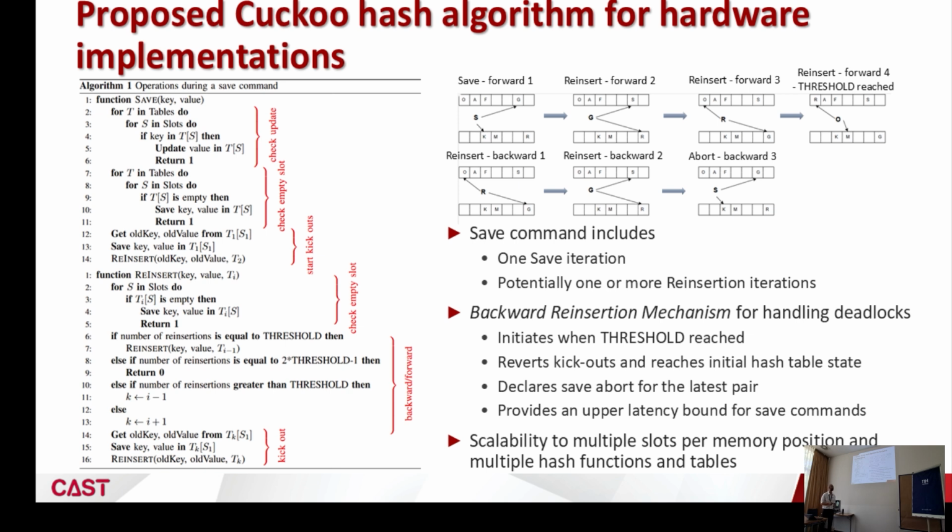If the number of kick-outs and reinsertions reaches a threshold of 4 iterations, the steps are reversed and kick-outs are performed in the backward direction. This allows us to reach the initial key and declare a safe abort with an upper bounded latency. This mechanism is called the backward reinsertion mechanism.